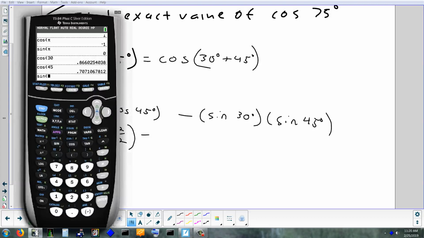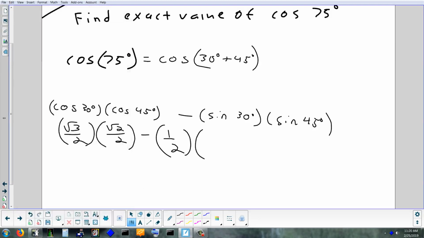Sine of 30, we've done all these already. They're just in a different order. Sine of 30, that's just a half. And does anyone remember the sine of 45 from the last problem? Yep, square root of 2 over 2.